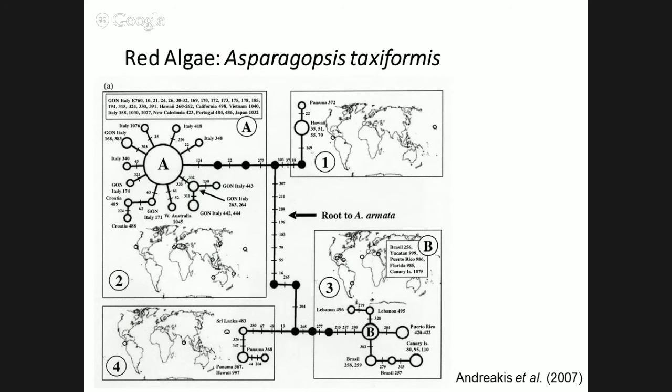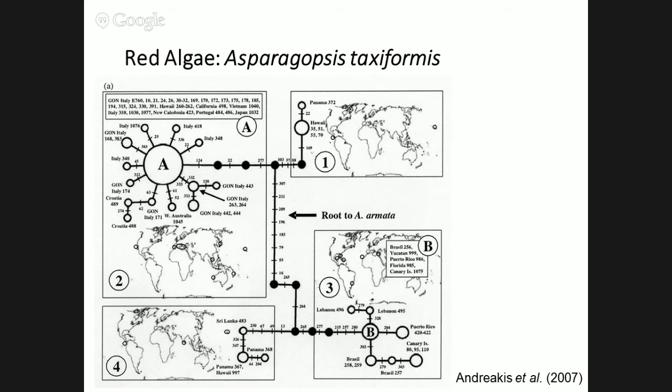Back in 2007, there was a group out of Italy that published the first phylogeographic analysis of this species. And what they did was obtain a series of specimens from around the world, and they sequenced them, and they started to build these haplotype networks that I've described to you, to try to figure out if there were differences or if it's really all just the same thing. And what you can see is that they have it divided up into 4 different lineages.